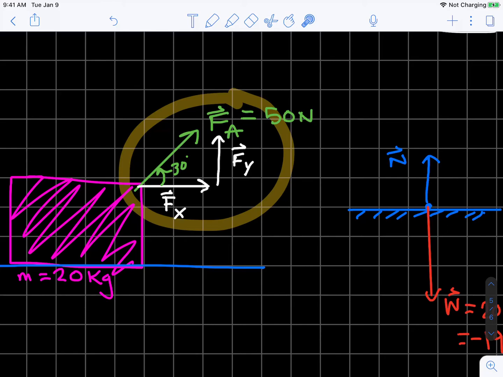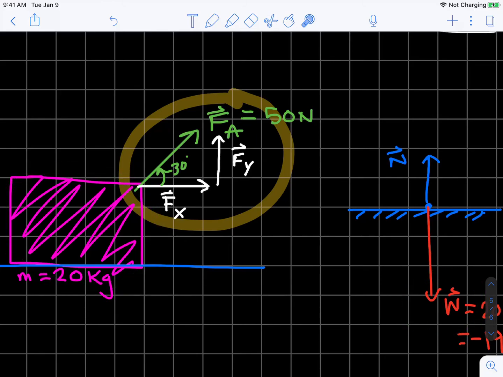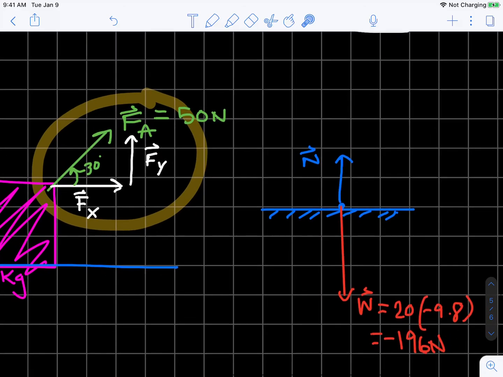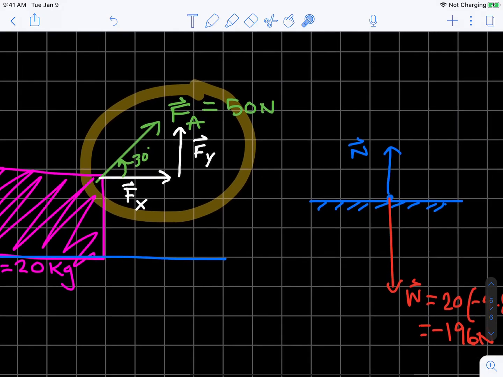Because the box weighs or has a weight force of negative 196. If I pick the box up completely, straight up off the floor, what force do I need to pick the box up off the floor with? Hopefully you said 196 newtons, because that's how much the box weighs. So if I want to overcome gravity and hold the box in my hand, I'd be holding it with that force of 196.